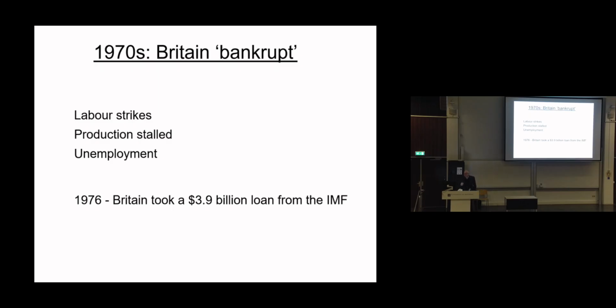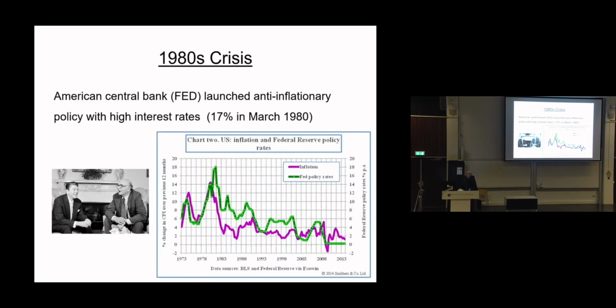Britain had to take a loan from the IMF because they were out of money and they had to be bailed out by the IMF. So the Western world was in a problematic macroeconomic situation, and that changed with the new American President, Ronald Reagan.